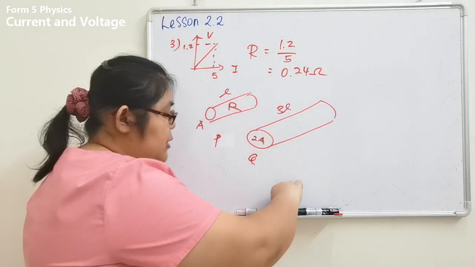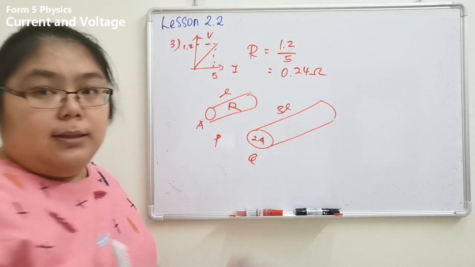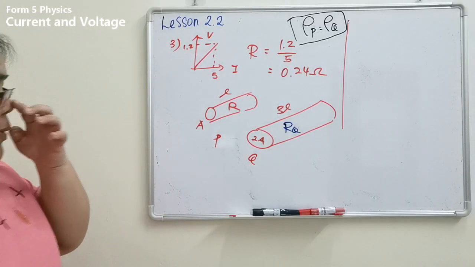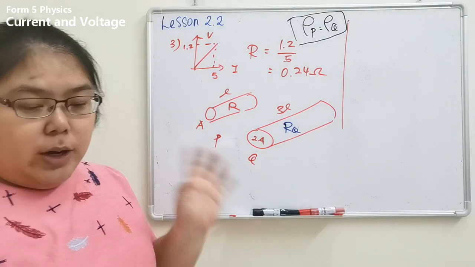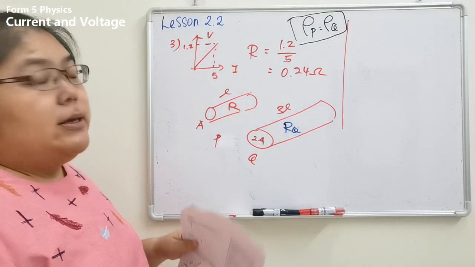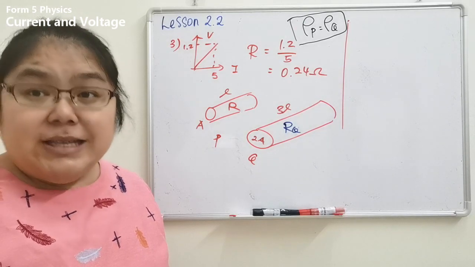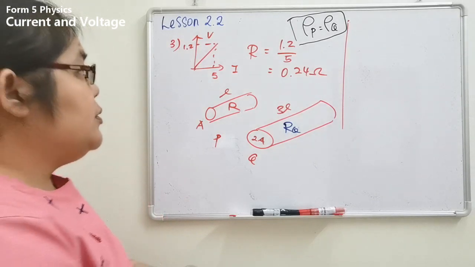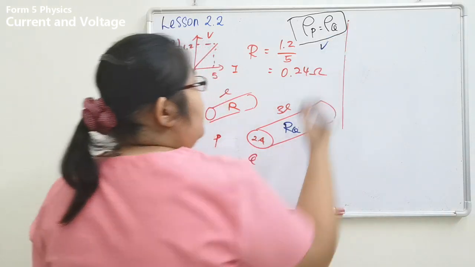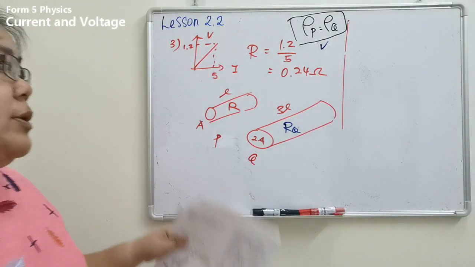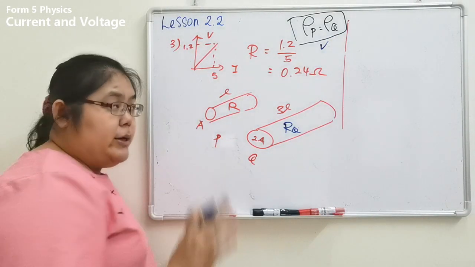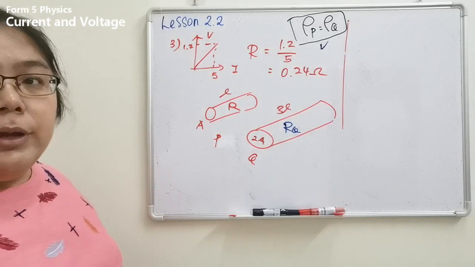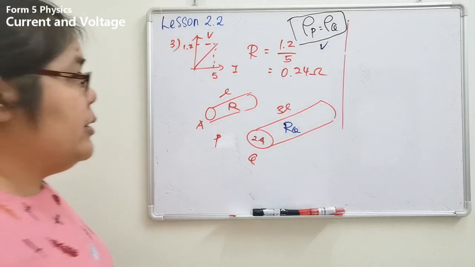So from here we need to create the equation. This is the question, and this is the info they tell you. Same material, as I told you just now, means the resistivity should be the same. So we write here, the resistivity for P equals the resistivity for Q. The 2 wires should be the same. So now I want to create the resistivity for P. What's the formula first?